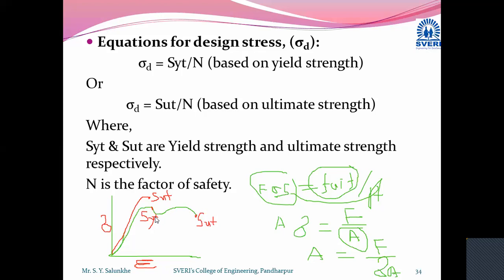That is called the elastic region. Whereas from this SYT further is called the plastic region. That is, the changes which have taken place are permanent in that component. From here it starts, that is called plastic, and before that it is elastic.